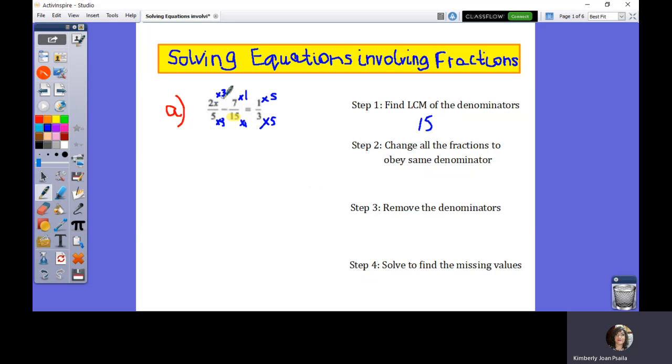So here we have 2x times 3 gives us 6x, plus 7 times 1, so plus 7, all over 15, equal to 1 times 5, which is 5, over 15.